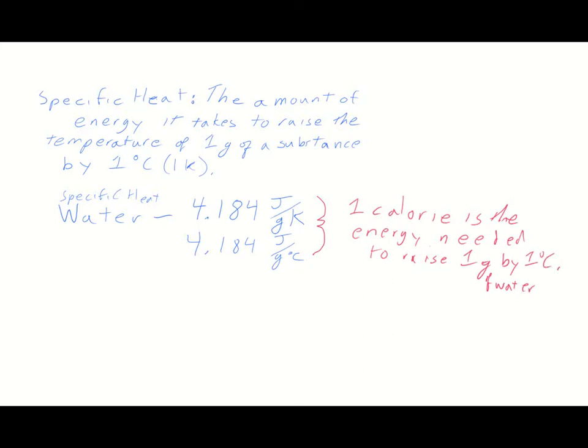Now, different substances have different specific heats. So water has a specific heat of 4.184 joules, or we could say that water has a specific heat of 1 calorie per gram per degree Celsius. This value will come in very, very important later on as we begin to look at the lab.